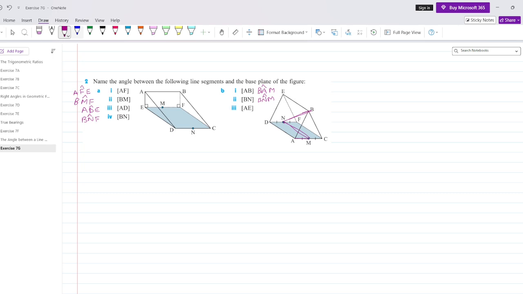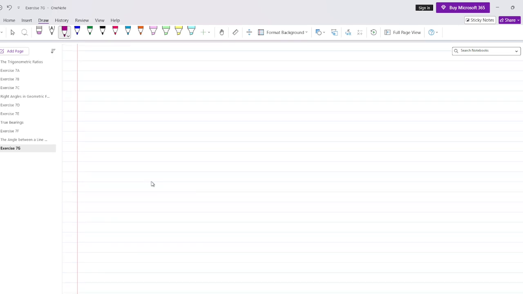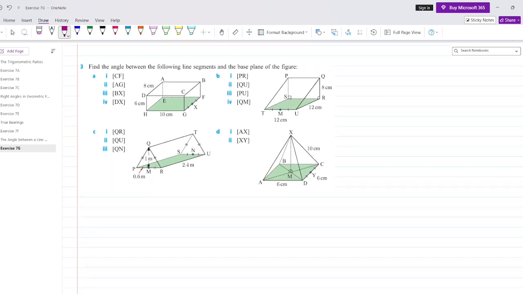AE is this line, so its projection is going to be AN, and therefore the angle is going to be EAN. Let's go to the next problem.